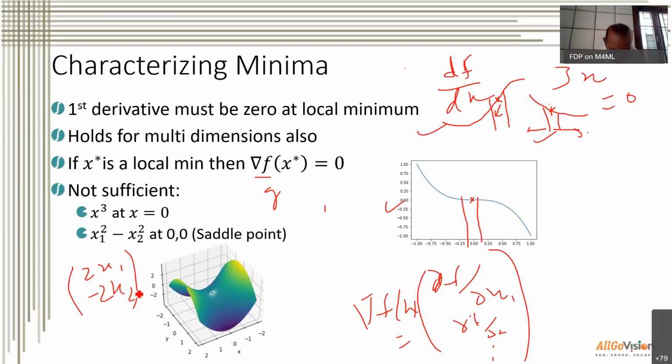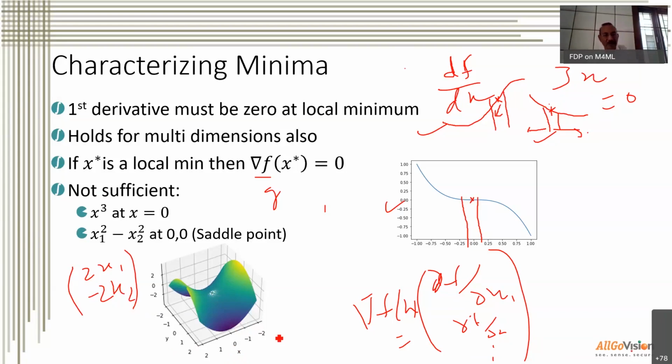But if you look at the point 0, 0, what you figure out is that it is a minimum in the x1 direction, and sorry, I have labeled them as x and y. Let's read that as x1 and x2. Along the y direction, it seems to be a maximum, because in the y direction the value is lower here, and then it goes up, and this is the maximum.